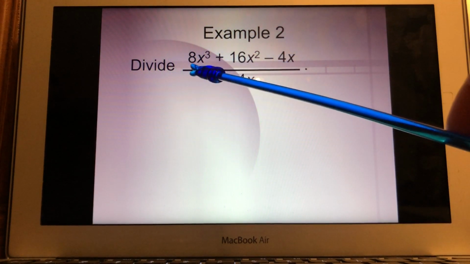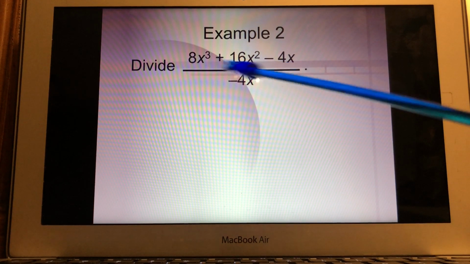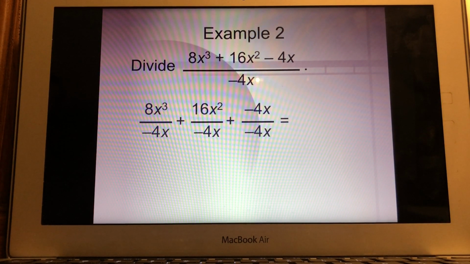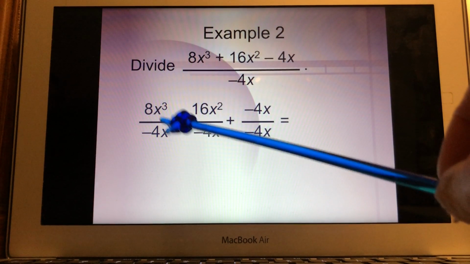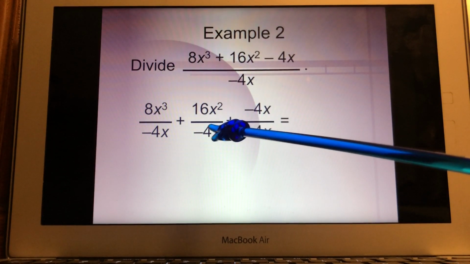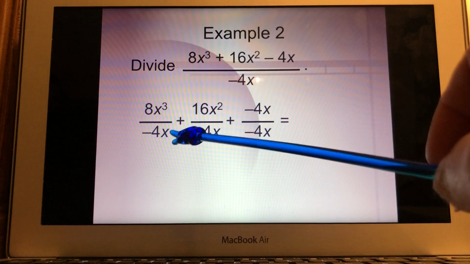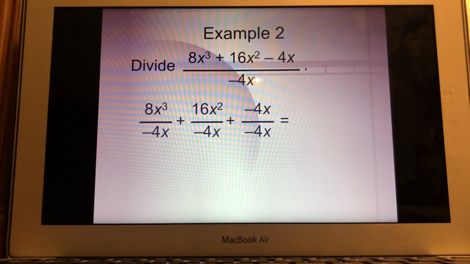If I have 8x cubed plus 16x squared minus 4x divided by negative 4x, then I take each term, and I'm going to divide by negative 4x. So 8 divided by negative 4 is negative 2. X cubed divided by x, excuse me, gives me x squared.